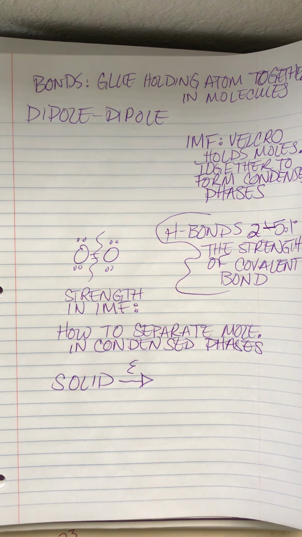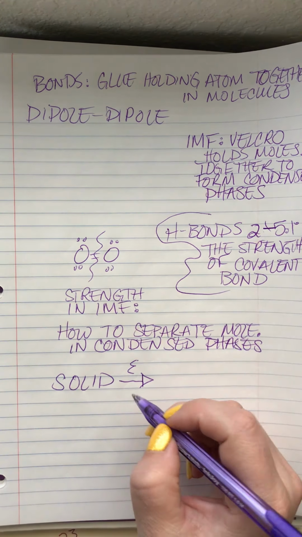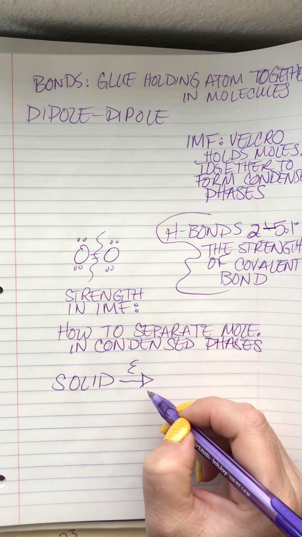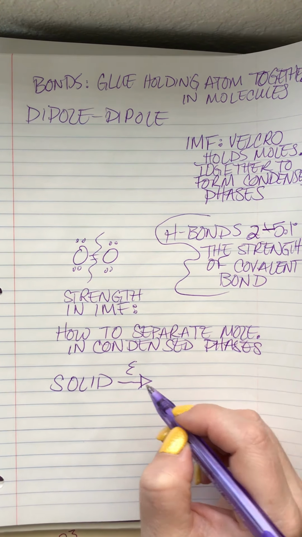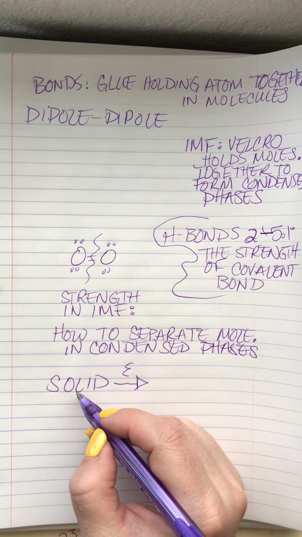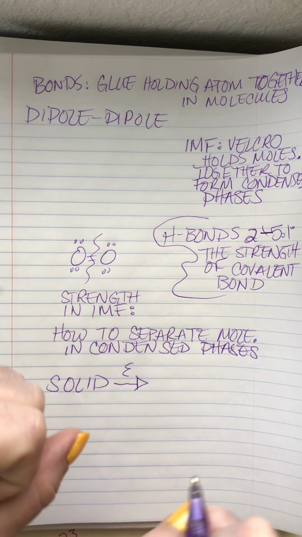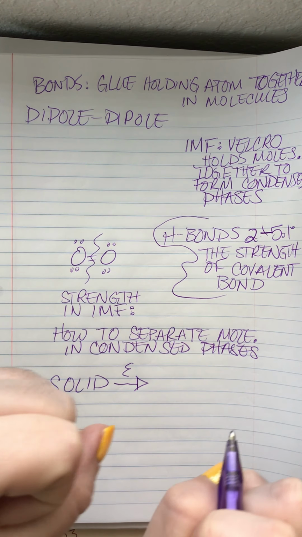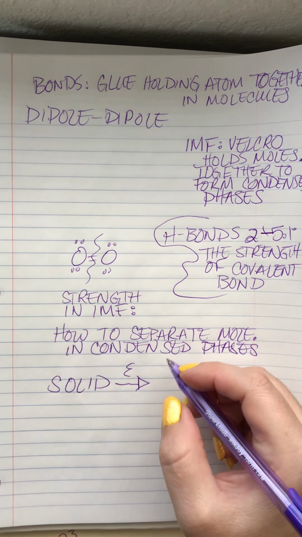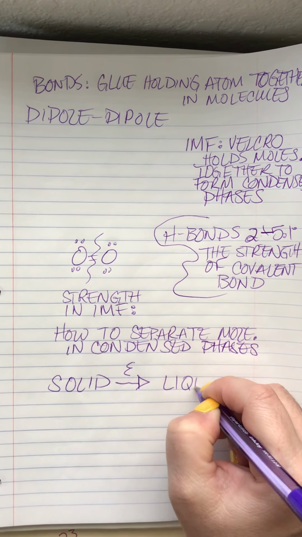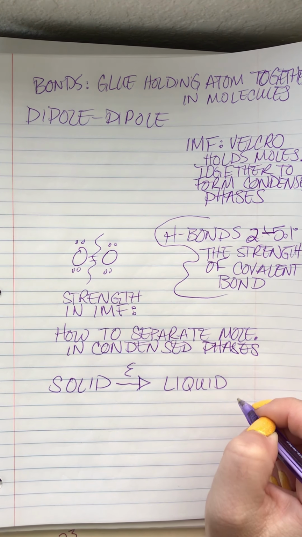Yeah, absolutely. Liquid, yes, exactly. So when we give energy to a solid, we're giving the energy to break up those things that are sticking the molecules together. So that could mean that you go to a liquid.